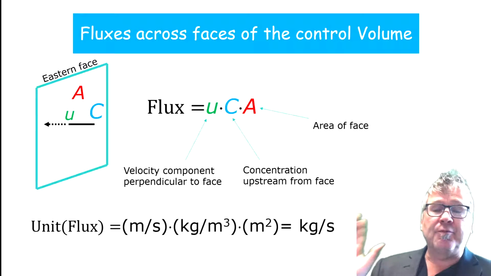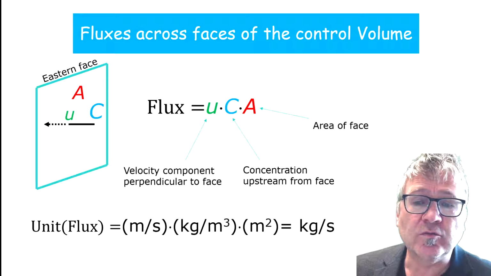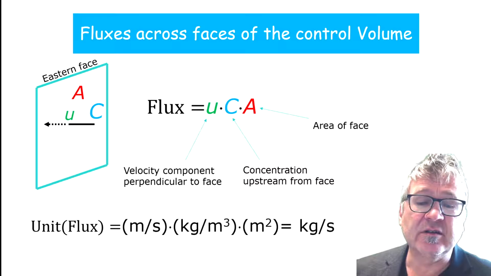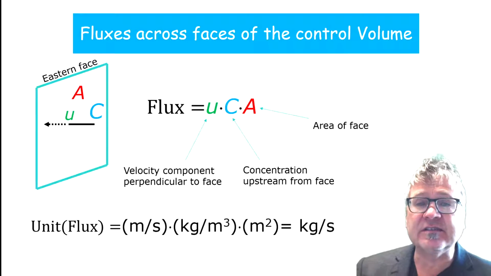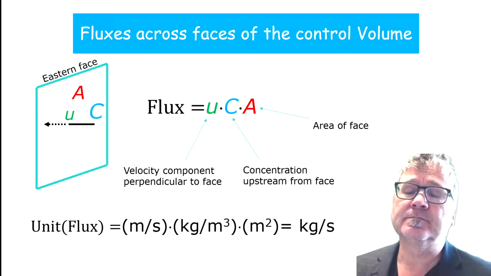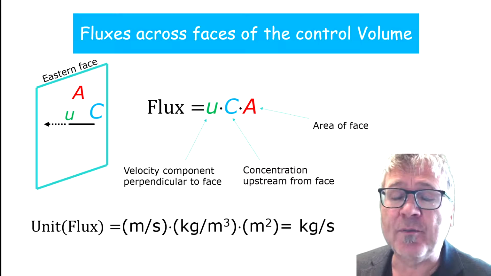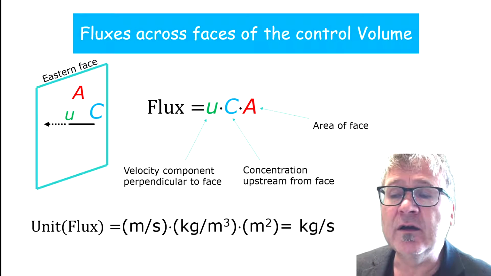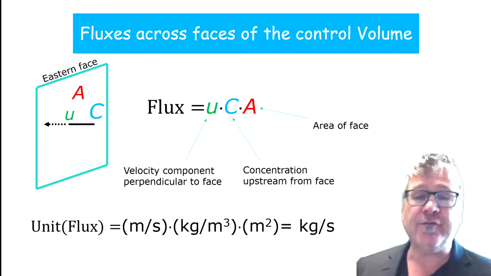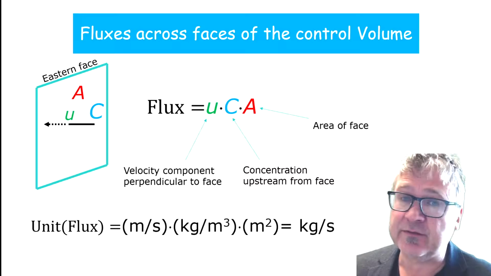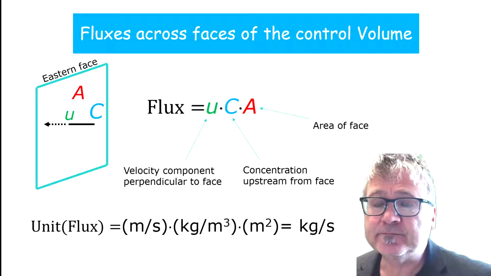So if you now look at the product, the velocity component U times the concentration just upstream from the face, times the area of the face, this is what gives you the flux. The flux of a property into your control volume, or it can also be a flux away from your control volume, where the velocity component can be of the opposite direction.